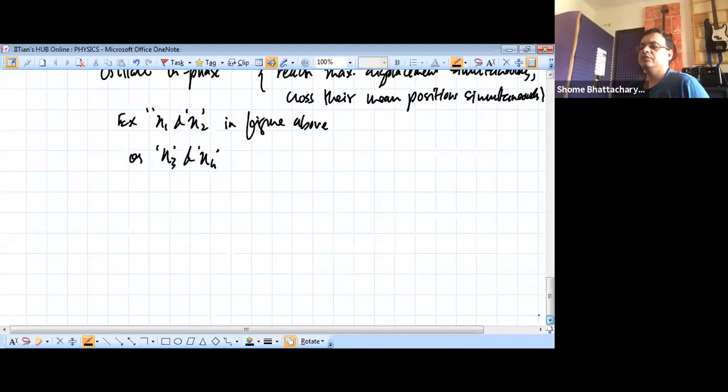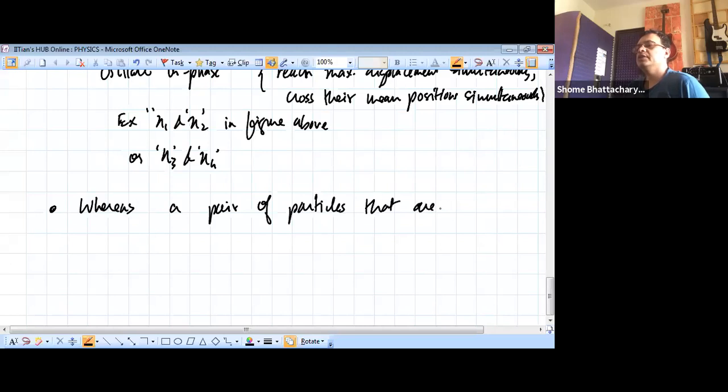Whereas, as we were discussing, there is a pair of particles that are situated on either side of a node.